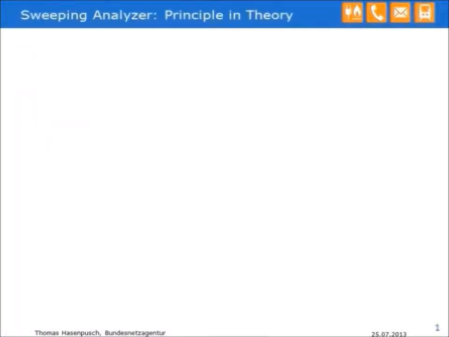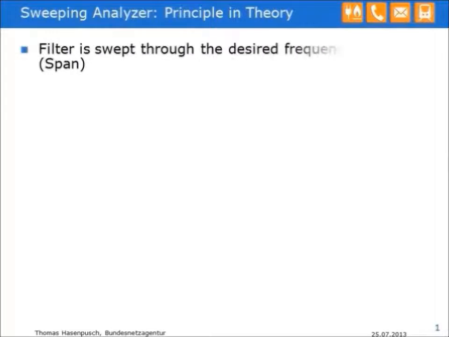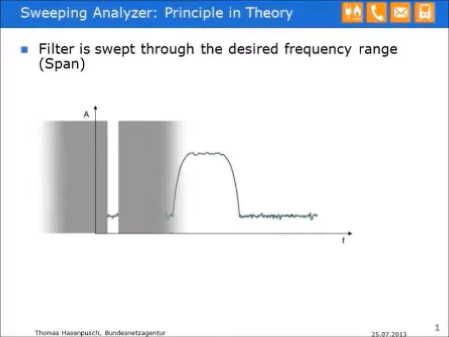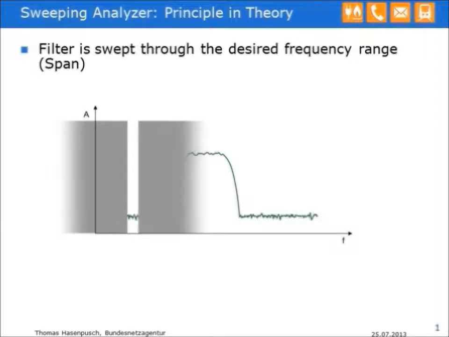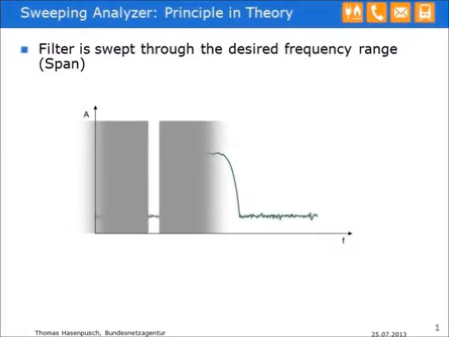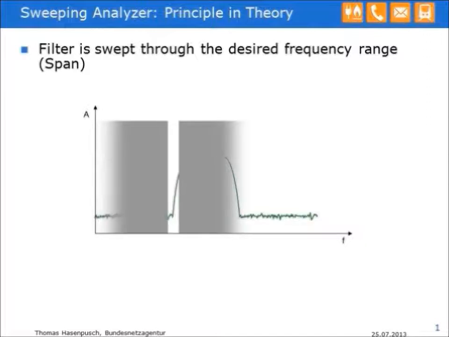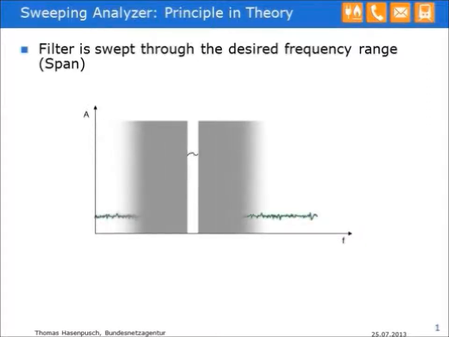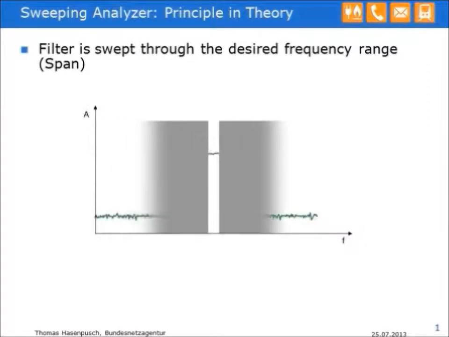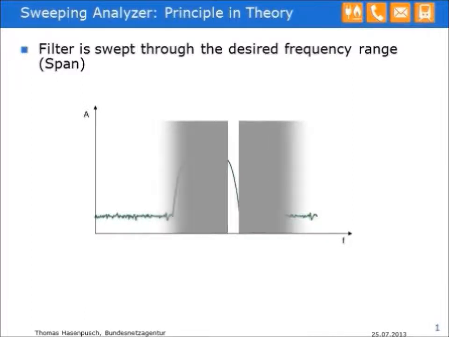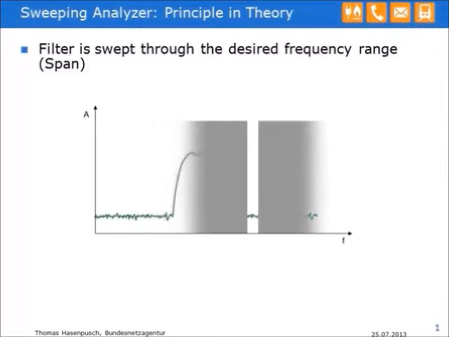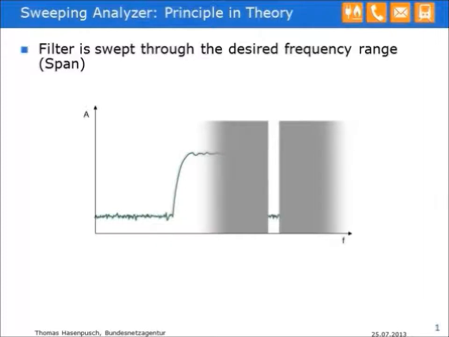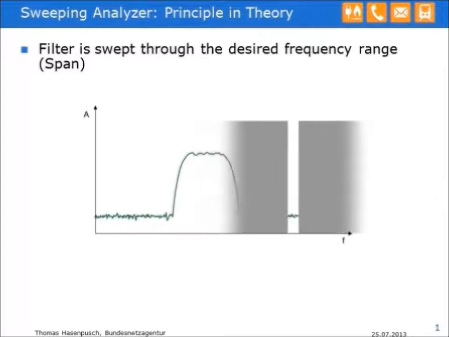A sweeping analyzer in theory sweeps a filter through the desired frequency range that is adjusted as the span. So if we have a signal and we sweep a filter in time through this signal, then after the filter is swept, we get the display on the screen.